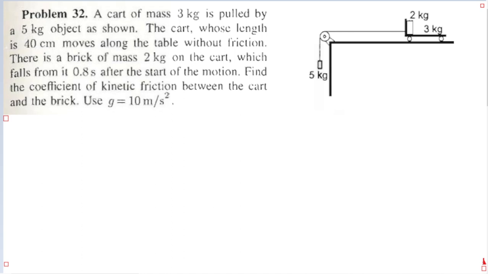And as it is mentioned in our question that the table surface is totally frictionless, there is no friction. So on this surface, F equal to 0 or mu equal to 0.